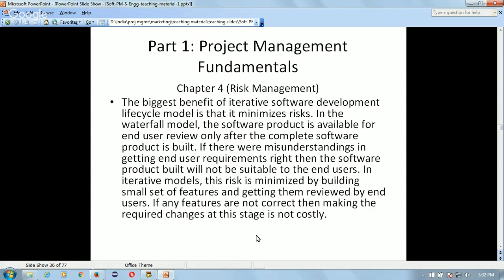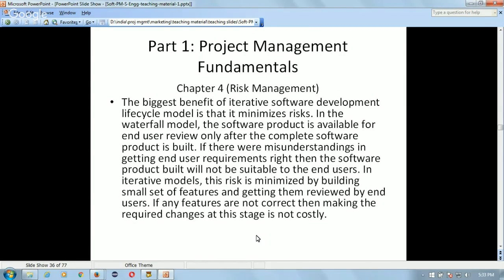Now we discussed all these risks, and these kinds of risks happen on waterfall based projects, and there is one alternative to the waterfall project, which is to go for, say, an agile method, like using extreme programming or scrum, and these kinds of methods are known as risk averse methods of software development.